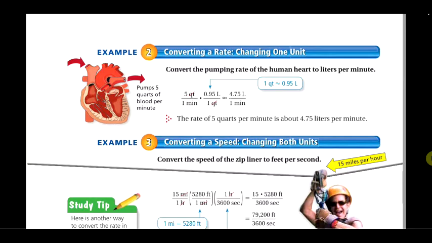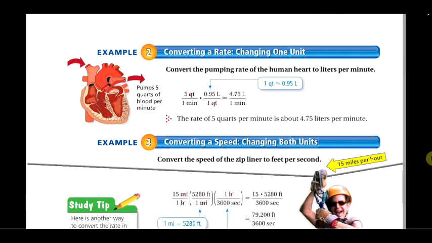So just like we can convert measurements like length or things like volume, like liters, we can also convert rates, a rate of change. Now, here they say convert the pumping rate of the human heart to liters per minute. So on the left here, you'll see it pumps 5 quarts of blood per minute, but we want to do this in liters per minute.